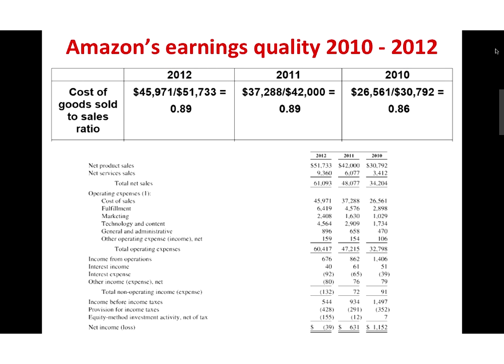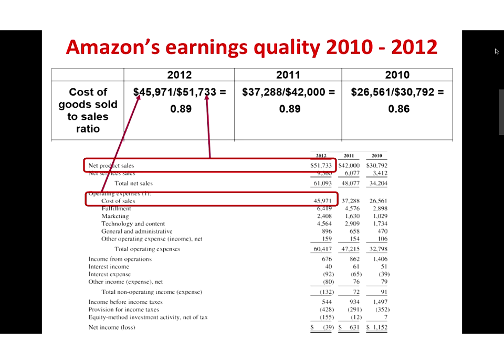So the first thing we're going to do is look at their cost of goods sold to sales ratio. This is just saying, let's take their cost of goods sold, which is listed on their income statement, divide by their net sales, and we get 0.89. That is for 2012. So that's their cost of goods sold, which is an expense, as a percent of sales. We do the same thing for 2011, except we move over to the 2011 column.